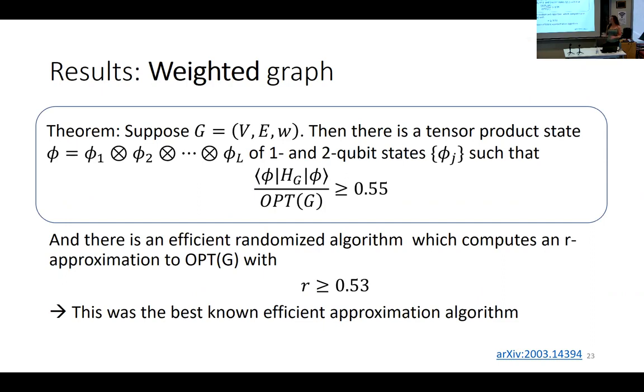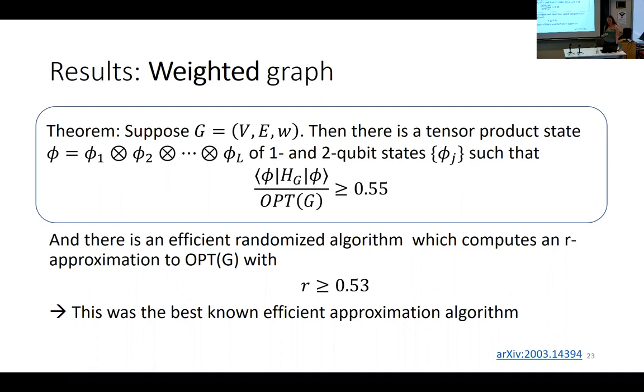And now we're saying, okay, our little pieces could be a 1-qubit state, or it could be an entangled 2-qubit state. And so when we do that, we're able to show that such a state exists that gets at least 0.55 of the optimal. And we have an efficient algorithm that will give you a state with at least 0.53. And that was the best known algorithm at the time.